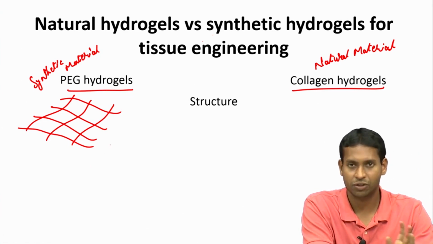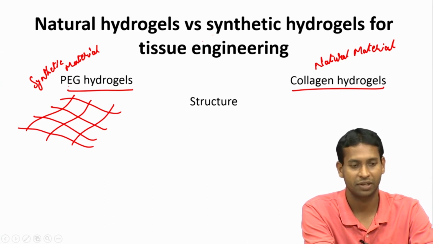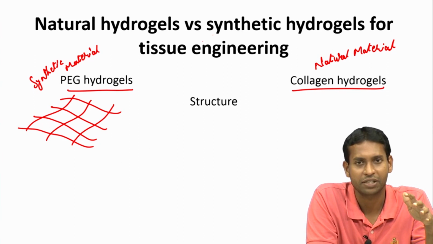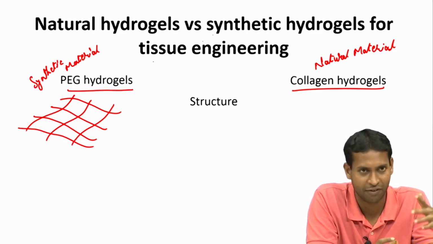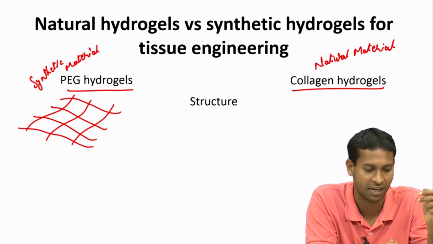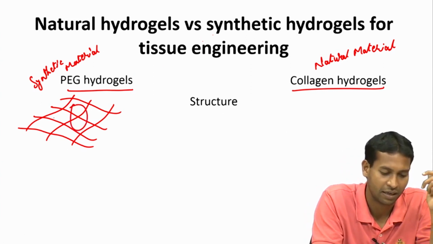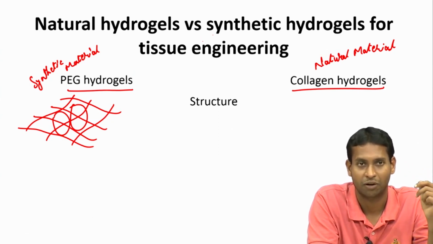It will be individual chain units binding to another chain unit, and you will get a certain pore size which will be heterogeneous, but not as heterogeneous. It is hovering around the average, plus minus a few microns or nanometers depending on what the average is, and you can encapsulate things in that. You can release it over time, and things can migrate in if it is degradable or the pore size is big enough.